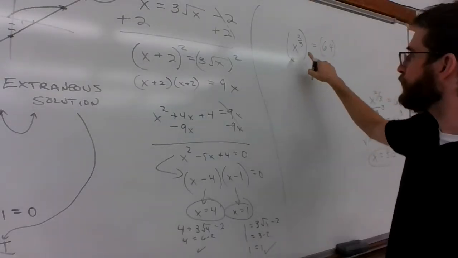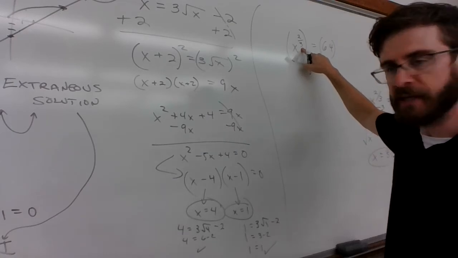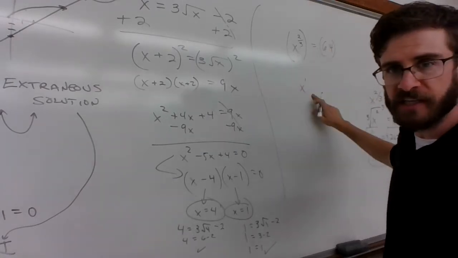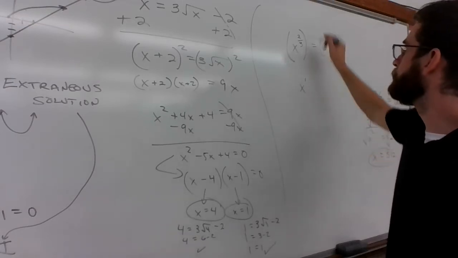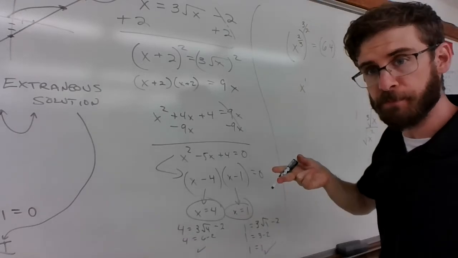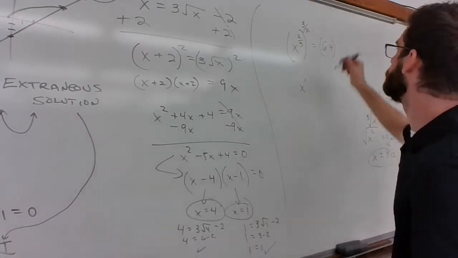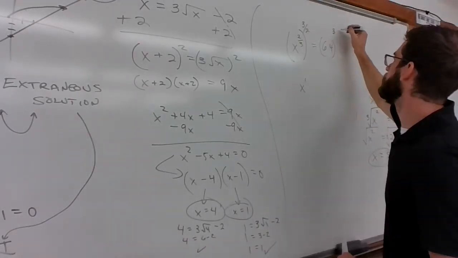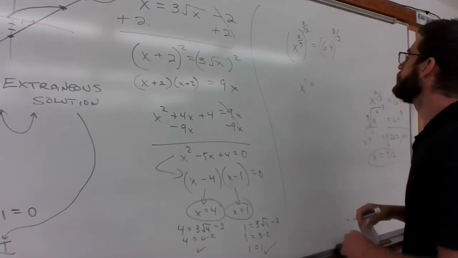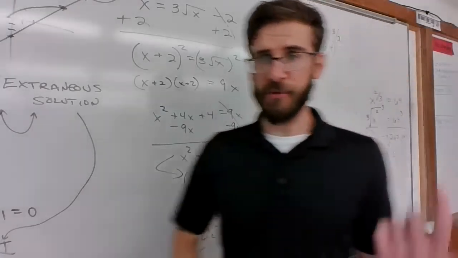So what we want to do is neutralize this 2/3 and make it a 1 somehow. So what times 2/3 gives you 1? 3/2, just multiplied by its reciprocal. Now you get 64 to the 3/2.